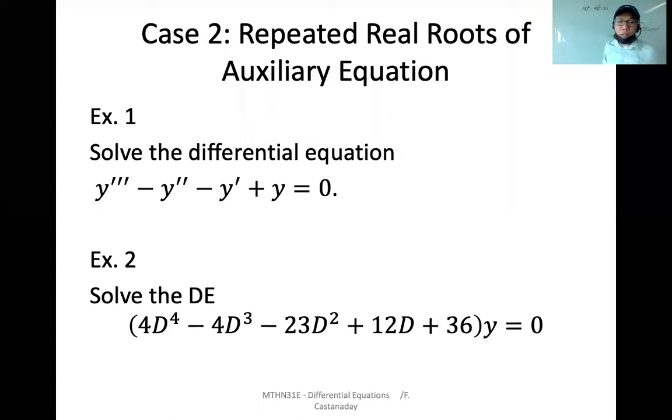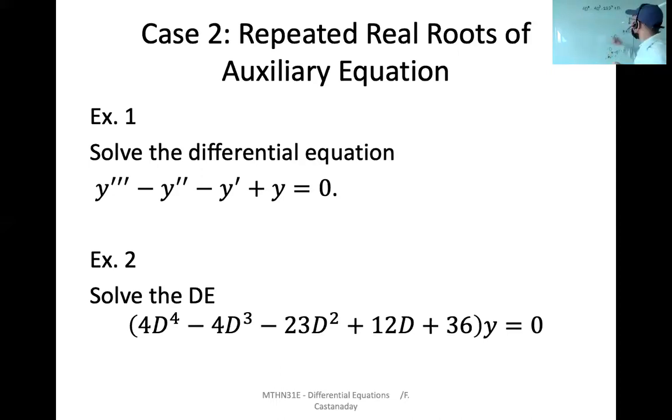Sige, next time ko na lang i-discuss yung repeating. Yung imaginary pala. Kasi i-discuss ko muna yung Euler equation. Okay? Ide-derive natin yung Euler equation. Actually, yung part ng Euler equation sa complex numbers na sa advanced engineering mathematics. So meron kayong advanced engineering math next semester, pag naipasa nyo na yung DE.